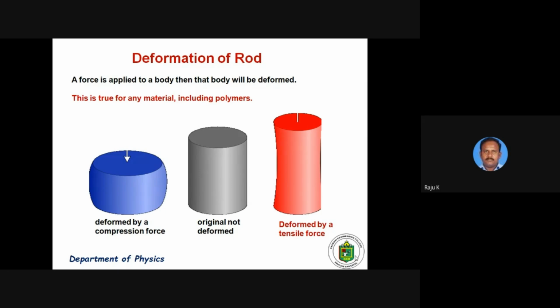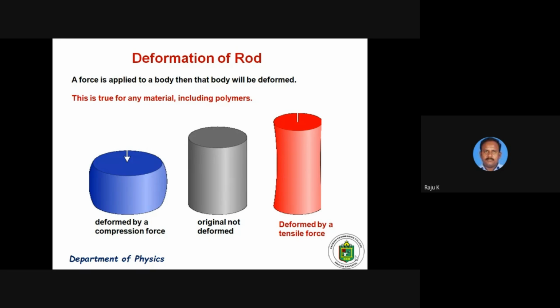Now let us consider that there is an object. We give an external force to the object. Then the object will start to move due to the force applied on it. But when it is in a rest position, if you give a force, instead of moving, it will start to show some deformation. The deformation which takes place is true for all materials, including polymeric material.